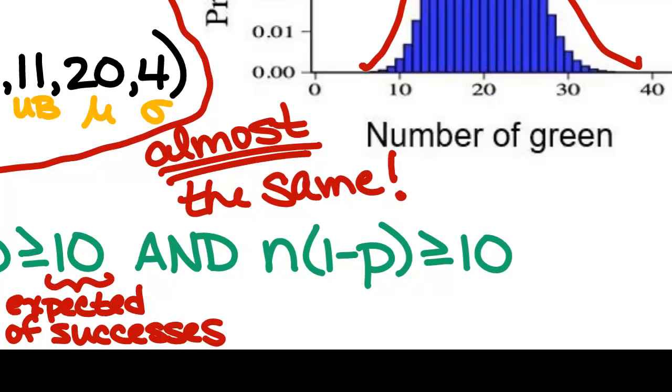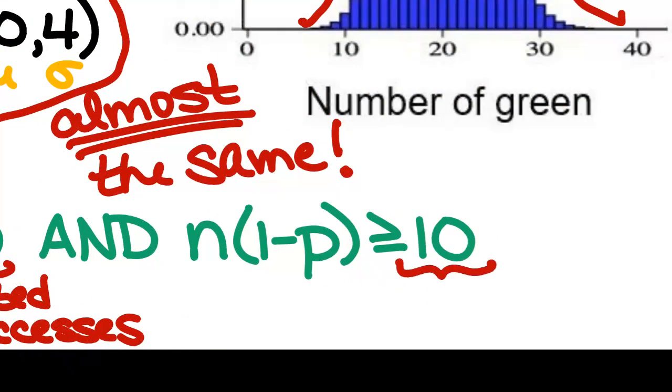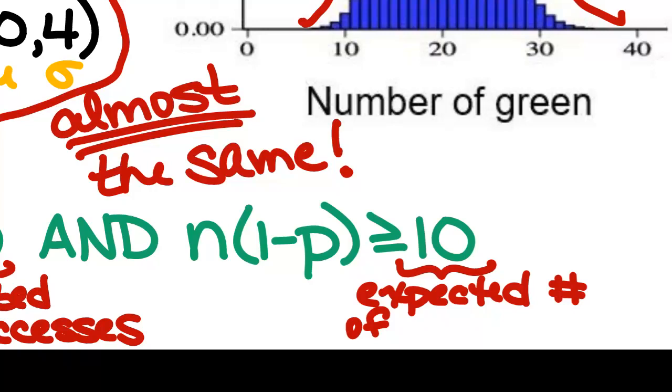Greater than or equal to 10. So again, this then would be the expected number of failures, yes.